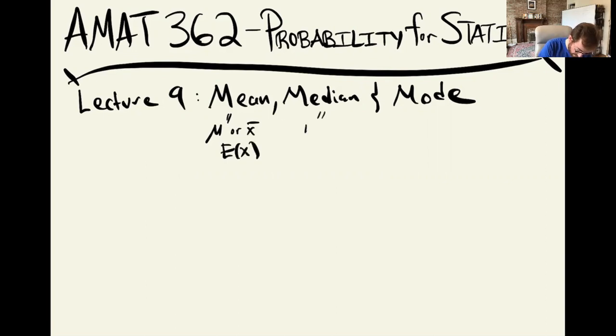Median, on the other hand, there's no real special symbol. Sometimes people use x or med, MED, or M. But you also want to think of this as the 50th percentile. And then for the mode, we have the most probable value.